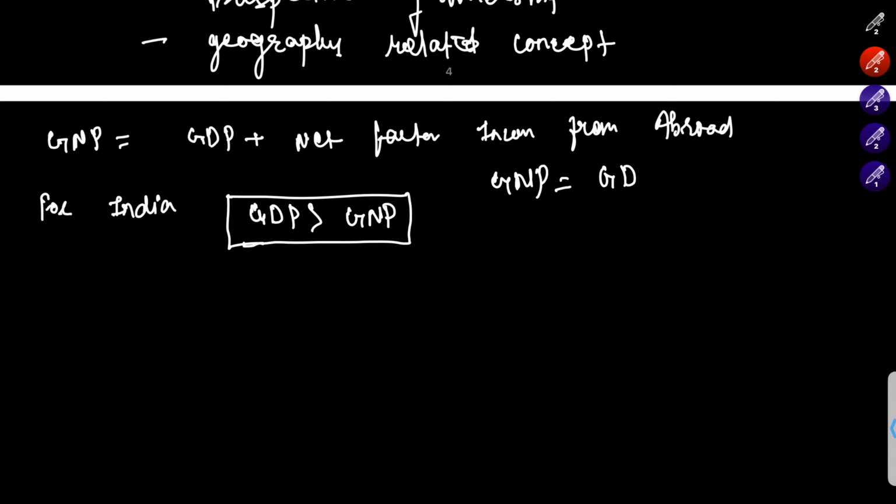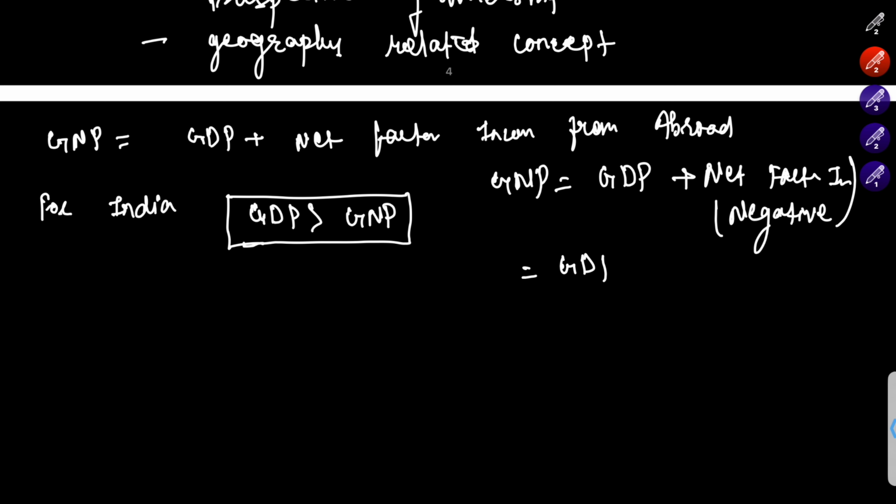So GNP is GDP plus net factor income, which is in negative. That's why we have to keep GDP as a national income.